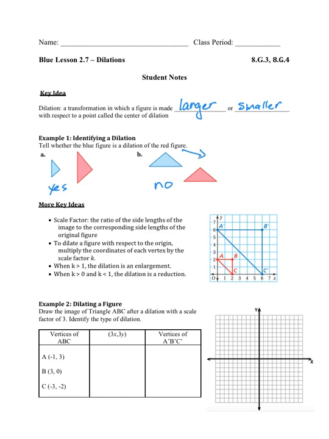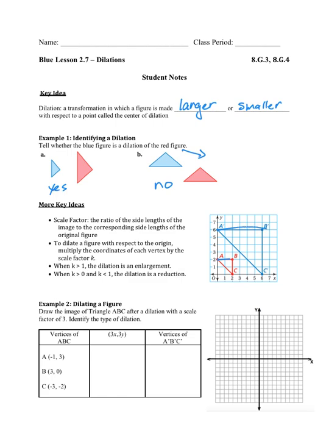Okay, so a few more key ideas here. The scale factor is the ratio of the side lengths of the image to the corresponding side lengths of the original figure. So if we look at this original figure ABC, it has a side length of 2, and the image has a side length of 6.